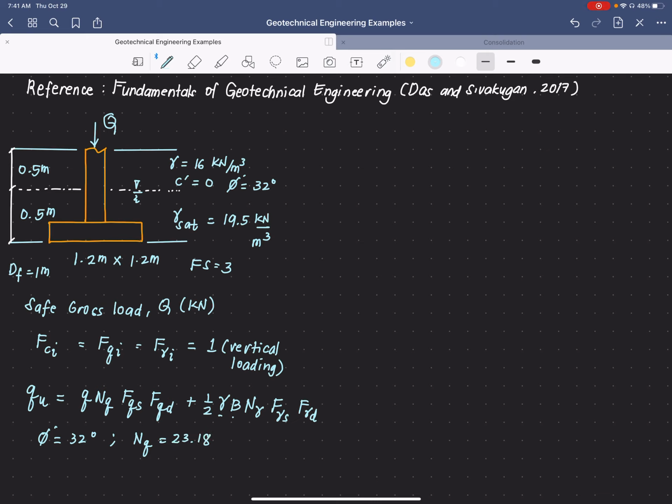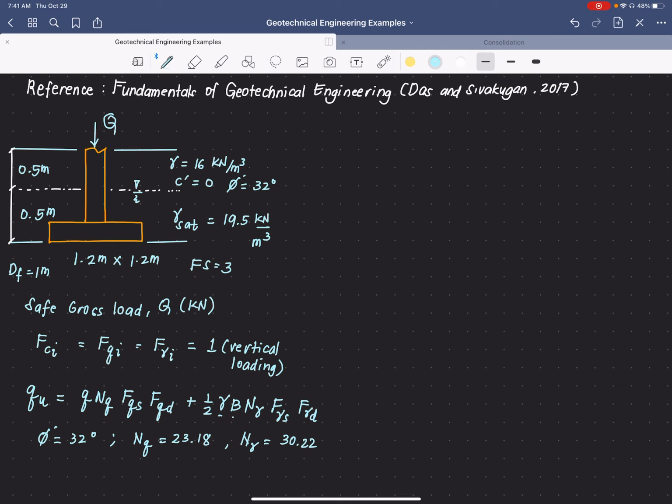You can check that from our book. And our N sub gamma is 30.22. Again, the table that you're going to use is the modified one and not the Terzaghi's bearing capacity equation.